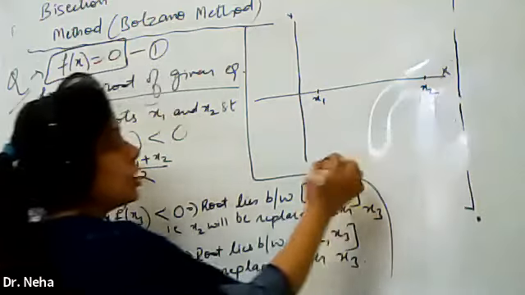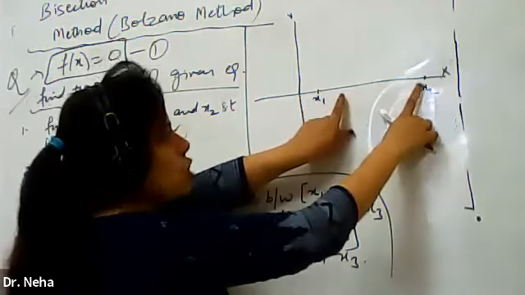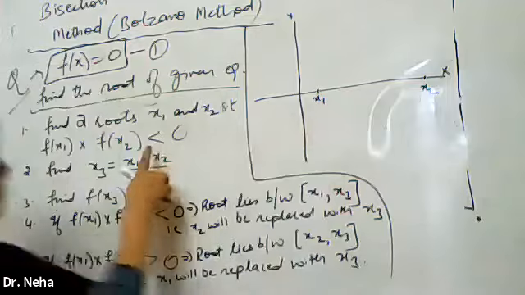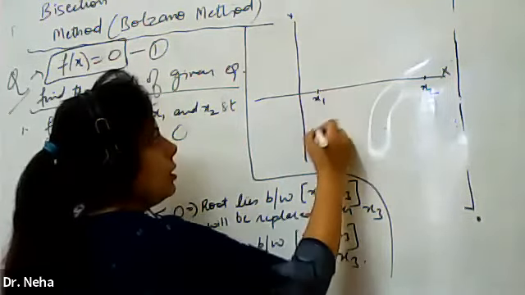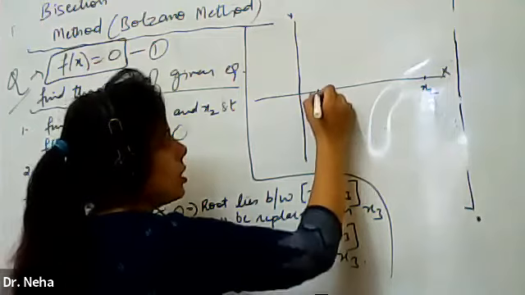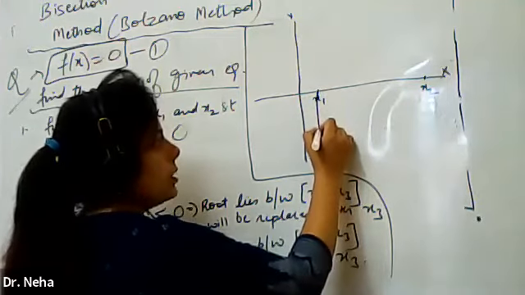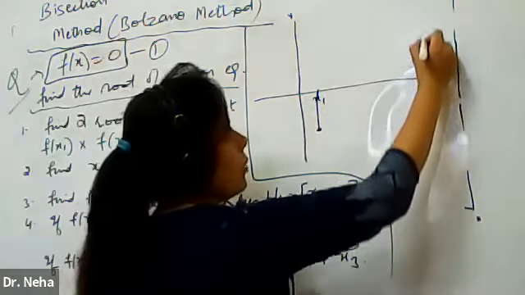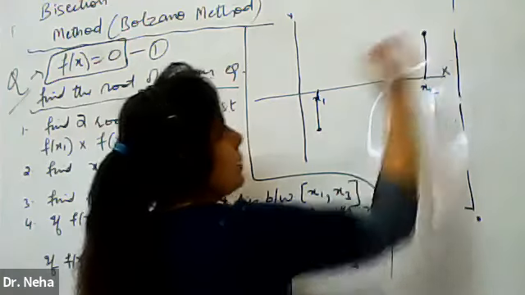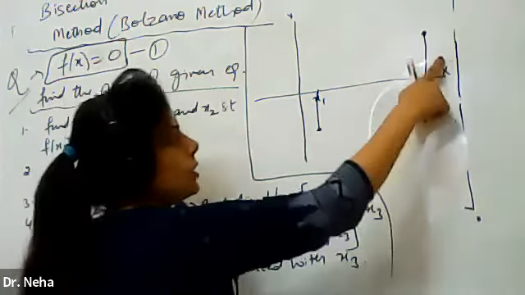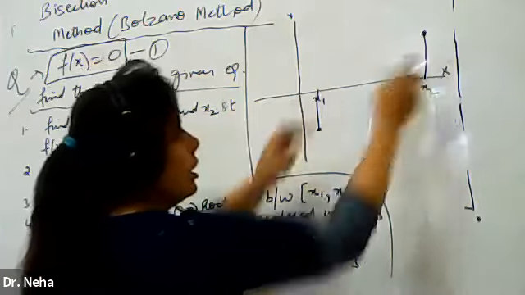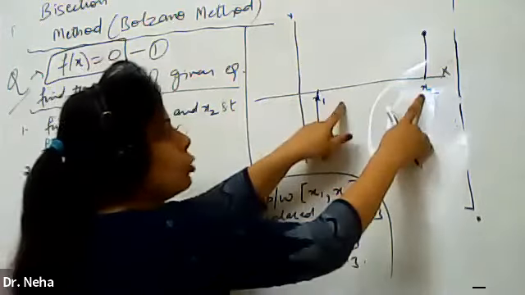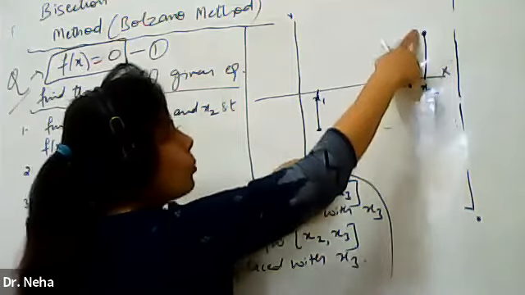Now, what is the condition? That the value of the function at these points should be of opposite signs. That means if fx1 lies down, then fx2 will lie on the upper side. Let us suppose this is our curve. I hope it is clear. We found our two roots such that the value of the function on those roots are of opposite signs.